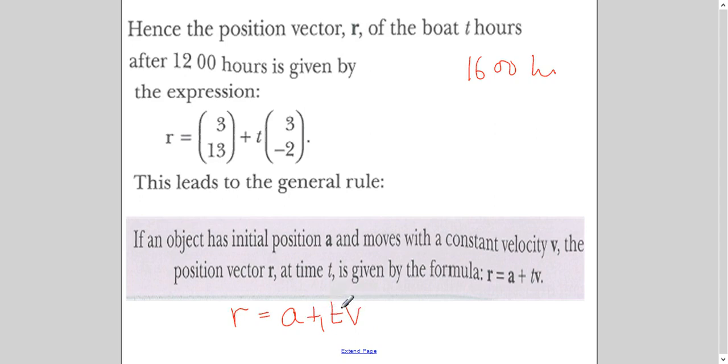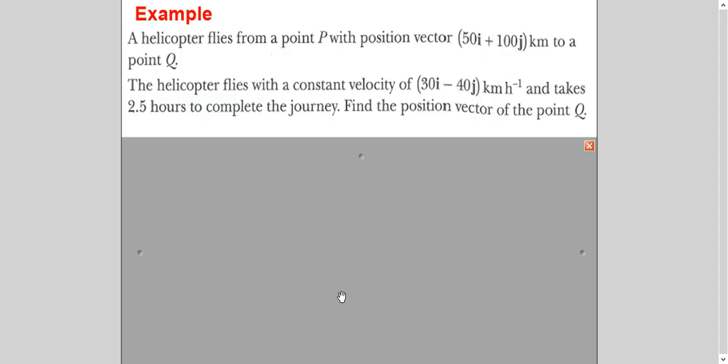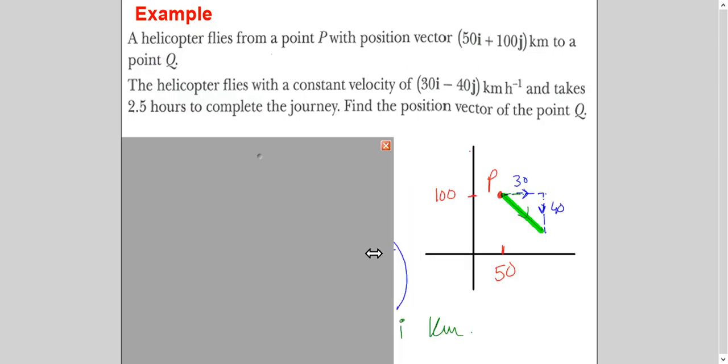In this case, we are talking about displacement because we have the velocity vector here. So let's see the example here. A helicopter flies from point P with this position vector. So this was the position, to a point Q. If I explain this first line with the help of the diagram, 50 and 100, it means the object was here and it was moving with a constant velocity of 30 and minus 40, meaning it was going in this direction, the green line.